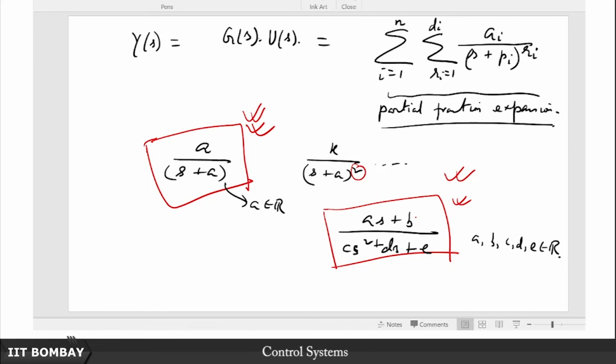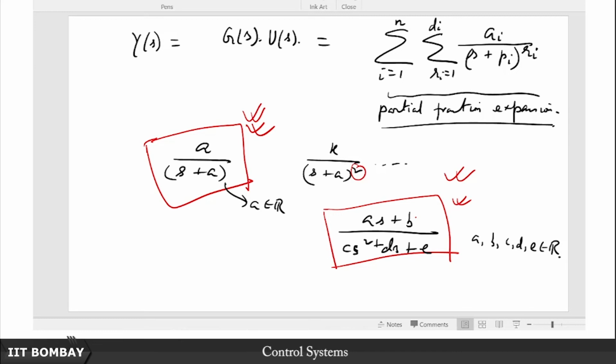Now it is your job as a control engineer to translate those layman's terms or those performance metrics into technical terms which translate to locations of poles and zeros, because at the end of the day, it is the locations of the poles and the zeros that will govern everything, as we shall see. Okay. So keep that in mind.